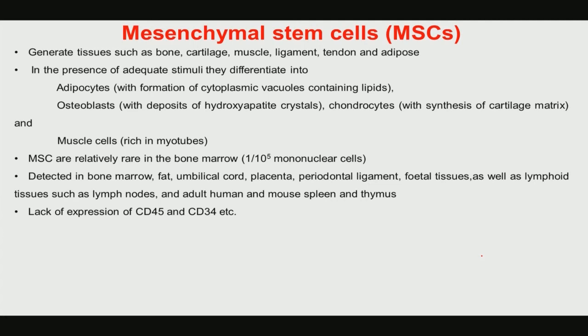So, having given this difference between adult stem cells and embryonic stem cells, next I would like to discuss mesenchymal stem cells, and these mesenchymal stem cells are known to generate tissues. First, they have the capability to differentiate to cell types like bone, cartilage, muscle, ligament, tendon or adipose.